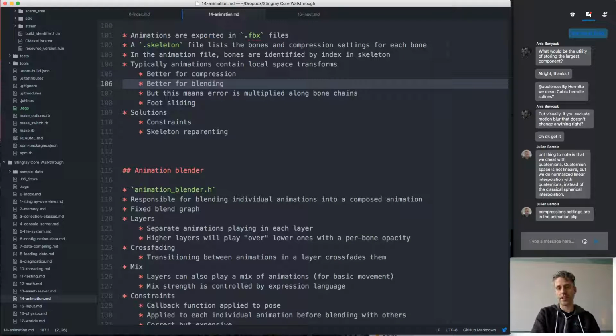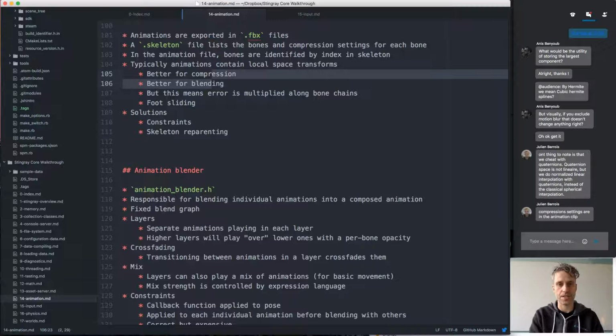It's a bit weird: if we try to blend in world space, the aim animation switched the direction of the arm, and then we tried to apply this recoil thing in world space. I'm not sure how blending in world space would even work. To be honest, I haven't thought super much about it. Maybe there's things you can do, but I don't really know. So these are the reasons we use local space transforms.